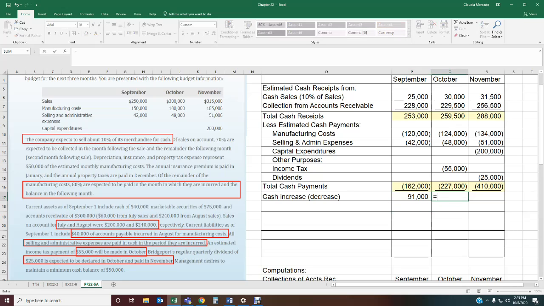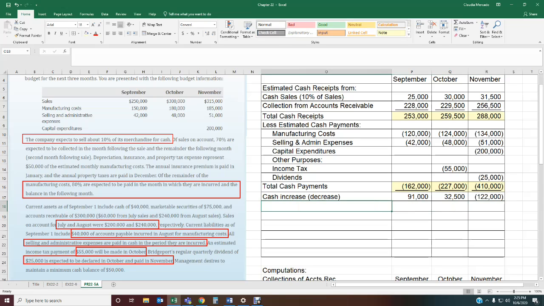Okay. For my October, I got my $259,500 minus $227. That gives me $32,500. And then I've got $288,000 minus $410,000. And that gives me a negative $122. Okay.